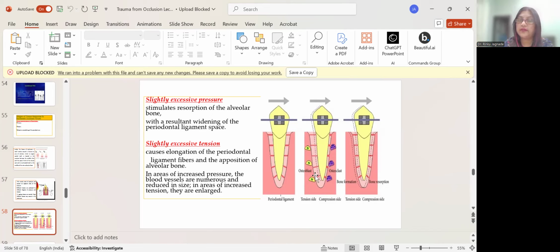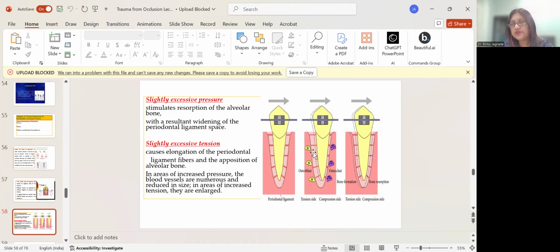Now, what is happening on the tension side? Because of the force, the tooth slightly shifts towards the pressure side, and space is created on the tension side. Slightly excessive tension causes elongation of the periodontal ligament fibers and apposition of the alveolar bone.